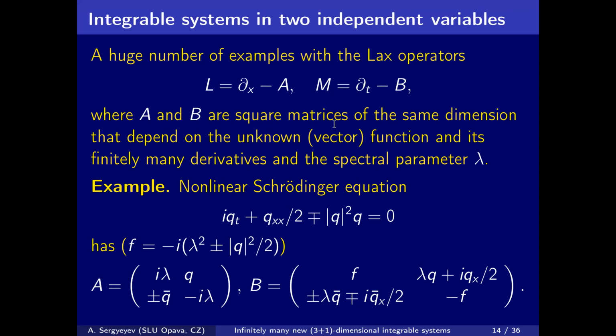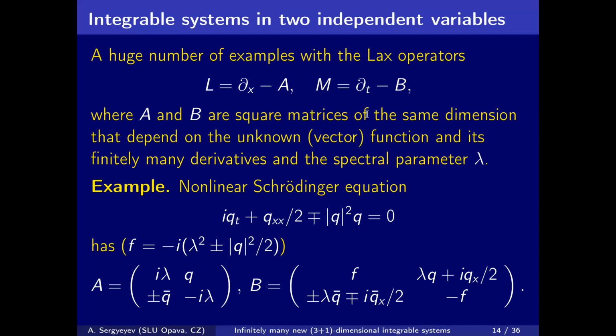Okay, so if we have just two independent variables, so 2D or 1 plus 1D, in the notation I've introduced a bit earlier, in this case one has plenty of examples with the Lax operators having this form with A and B square matrices, which, of course, depend on the unknown functions, or possibly vector functions, for our system, and finitely many derivatives of this function, and also on the spectral parameter lambda.